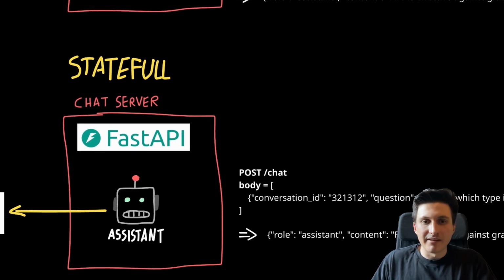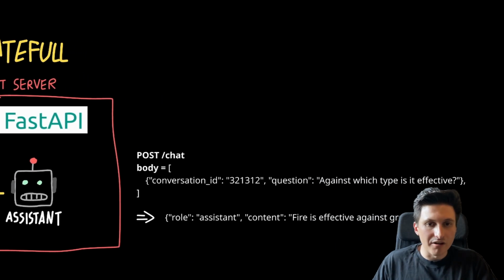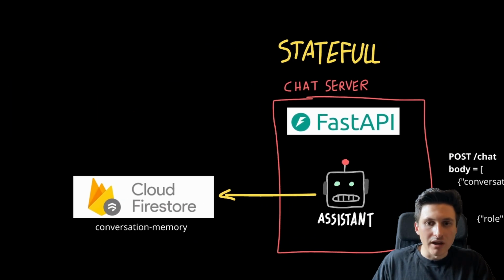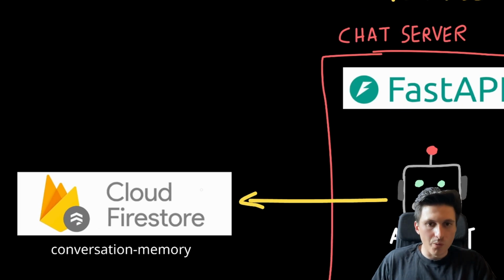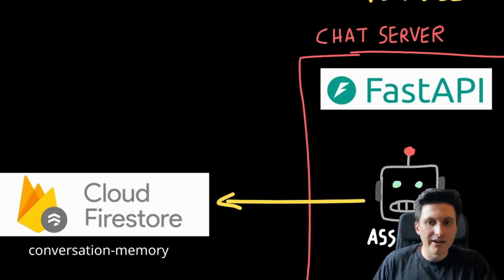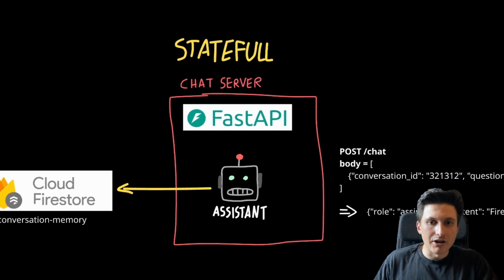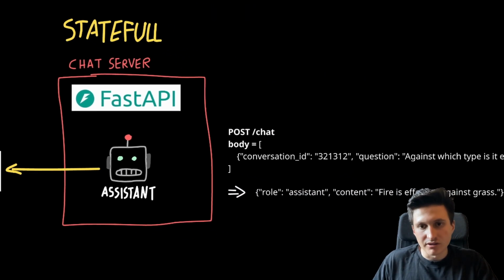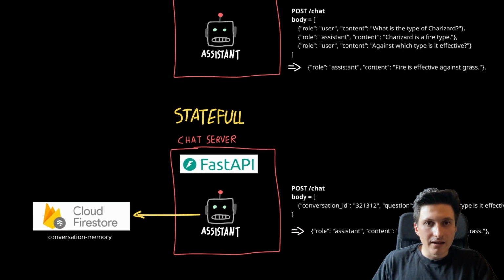And you can also implement a stateful API, and here some kind of ID is passed for the conversation and only the last question, and then we fetch the rest of the conversation from some kind of database which is fast to query, for example Firestore if you're on Google Cloud, or DynamoDB when you're on AWS, or some kind of Redis server, and then just pass the last answer back.